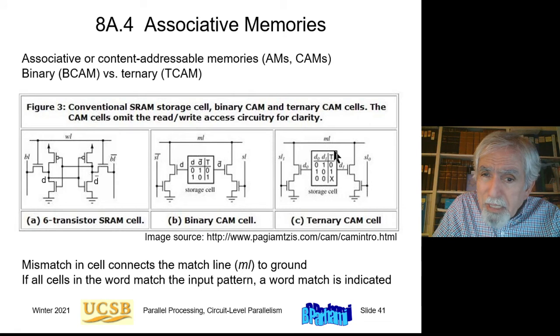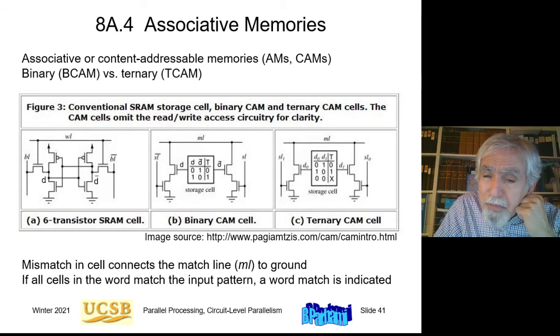Here, the memory cell stores not just 0 and 1, but can also store don't care, X. So basically, it's 3 valued. Actually, it may be 4 values if we implement it as two flip-flops. One particular pattern represents 0, this pattern represents 1, and 0, 0 represents don't care.